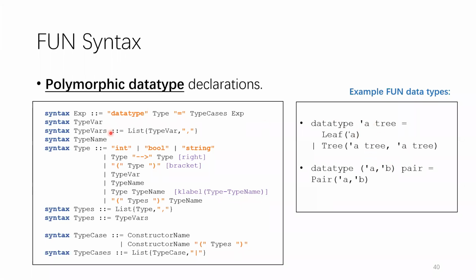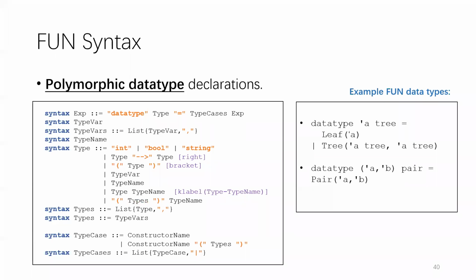And a type can be either a built-in type, int, bool, string, or it can be a function type, an arrow type. It can be grouped using parentheses. It's either a variable or a constant type, or it is a constructor type, a type name instantiated by a concrete type, or a type name instantiated by a list of types like the pair on the right. It takes two types here to be instantiated.